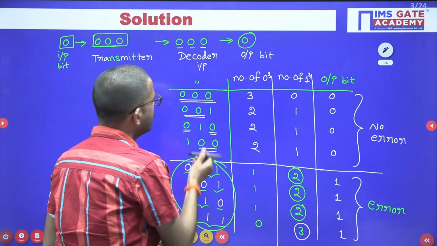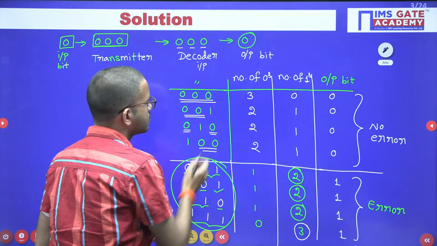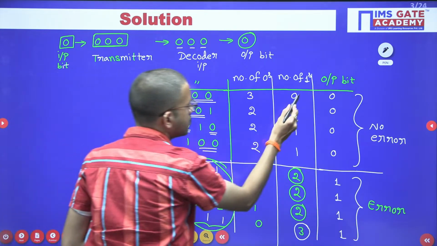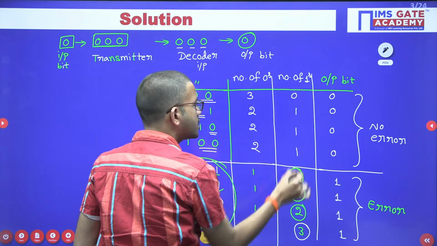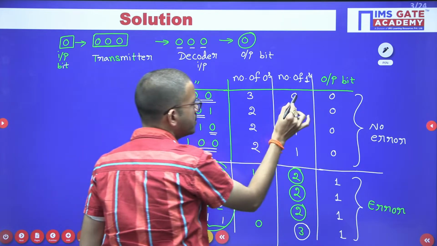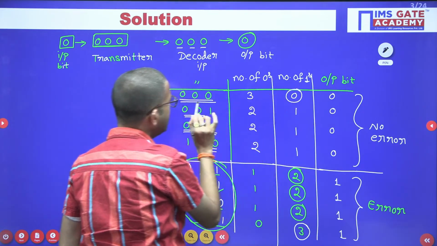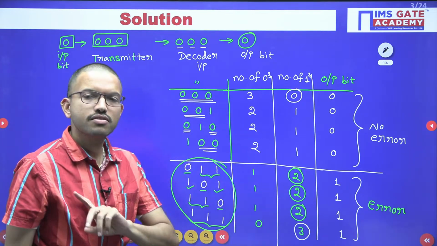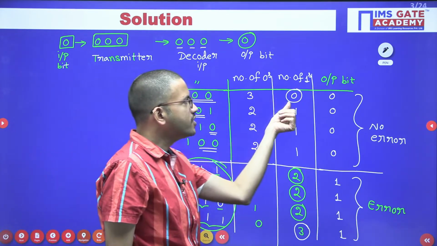Now here, with respect to the number of ones, here we do not get any bit as 1, so the number of ones is 0.